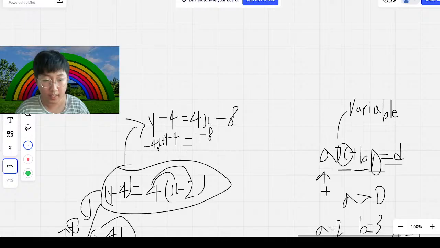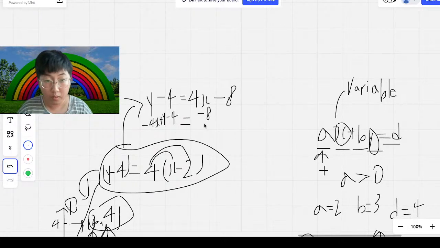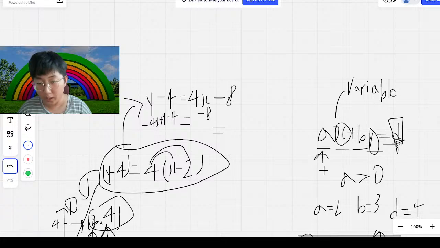Now if we add 4 to both sides, the constant without a variable, which is this d here, will be on the other side of all the variables, which gives us negative 4x plus y is negative 4.